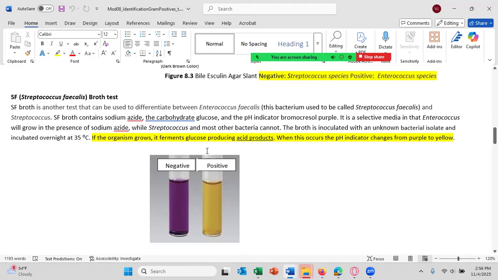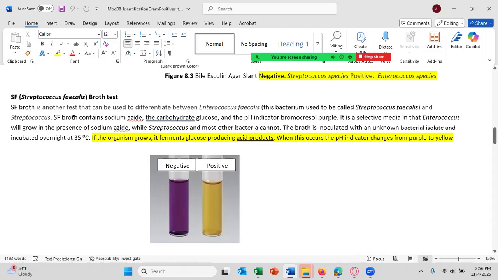All right. The SF broth test stands for Streptococcus faecalis, which is an old name for what we now call Enterococcus faecalis. It was initially grouped in the family Streptococcus, but when they sequenced the DNA, they discovered that Enterococcus faecalis belongs in its own family of Enterococcus, and there are other species in the Enterococcus family.